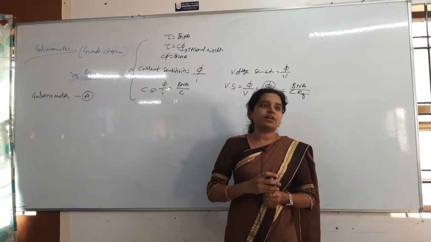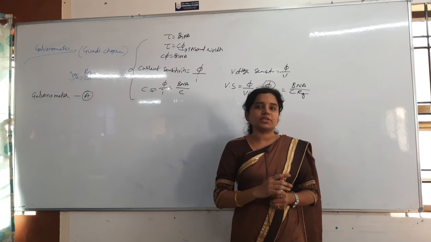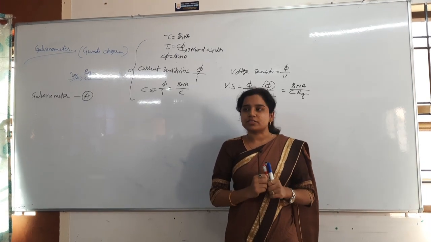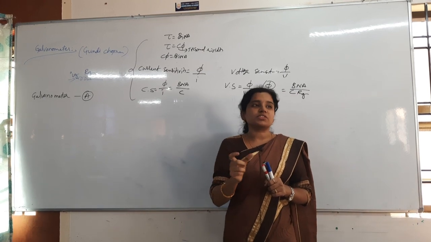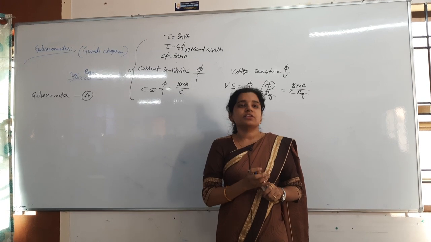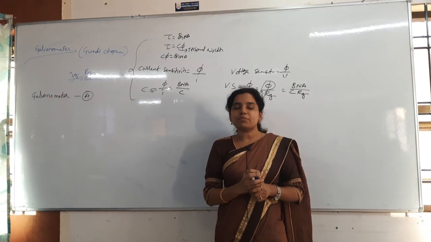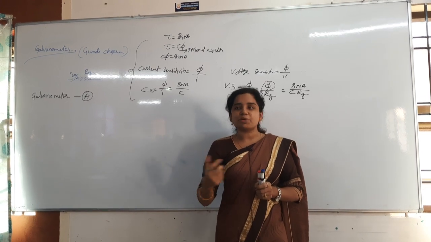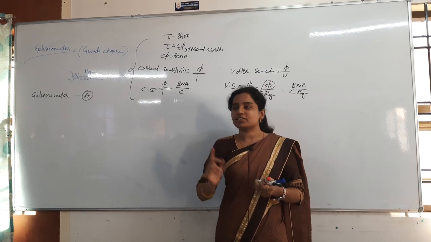And also the galvanometer can be converted into an ammeter as well as a voltmeter by connecting resistances. I also said ammeter and voltmeter differ in their resistances. Will an ammeter have low resistance or high resistance? I said in the morning: low resistance. You have to remember that always I is inversely proportional to R. To read the current, I should have less resistance.